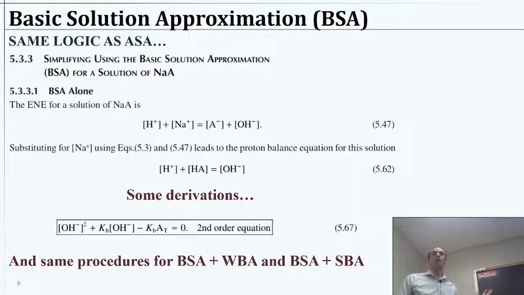If you learned the acidic part, you now have learned the basic solution approximation, right? So we can look at acids and bases in the exact same manner. We just have to invert the way we're thinking and treat OH minus as if it's H plus. Okay, so we could do the exact same things.